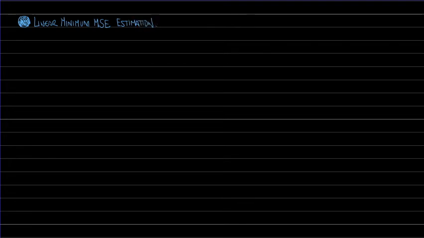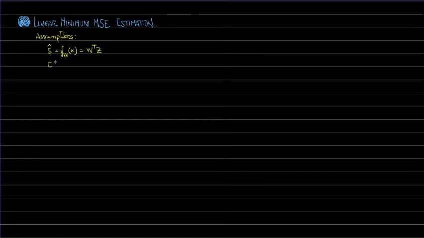Okay, so we will assume that the estimator, that is the function of the observation, is W transpose Z. Okay?